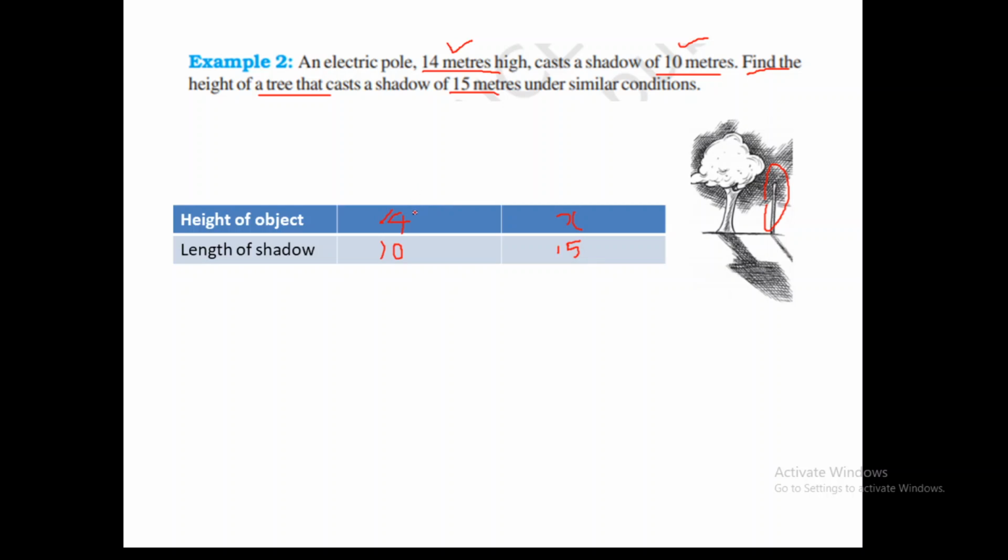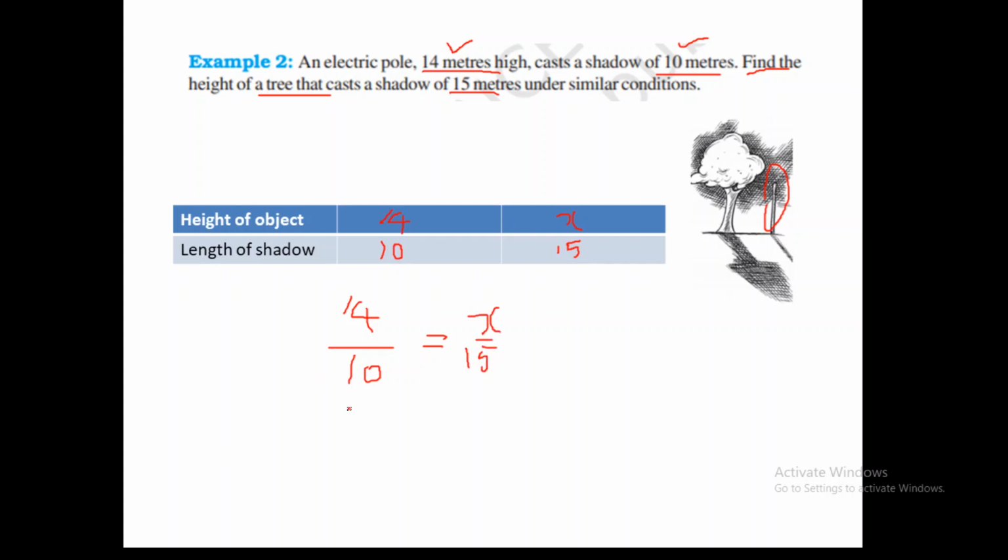We know this is also direct proportion. If the height of the object increases, the length of the shadow also increases, right? So here this is also direct proportion. So we can write 14 by 10 is equal to x by 15.